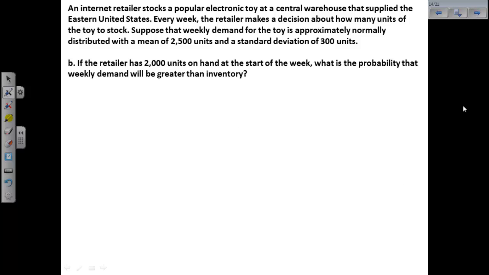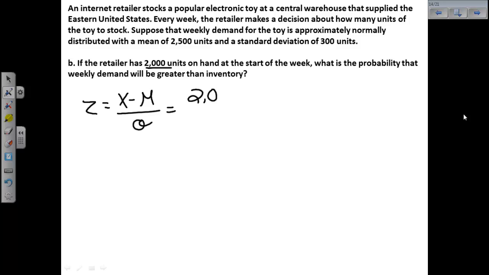So here's another example. If the retailer has 2,000 units at the start of the week, then what's the probability that the weekly demand will be greater than the inventory? Now we have the X value of 2,000, so our Z-score is going to be a little bit different. X minus the mean divided by the standard deviation.